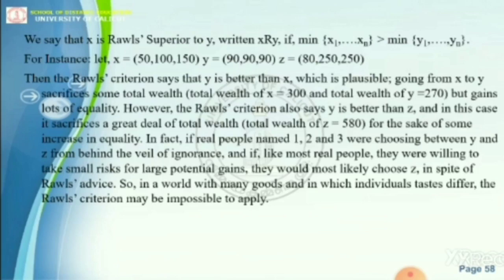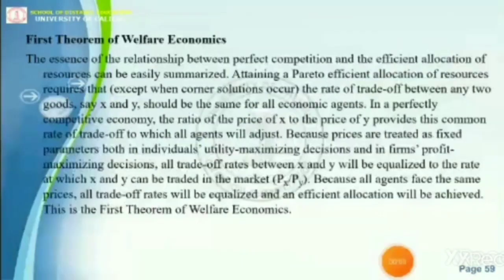In fact, if real people named 1, 2 and 3 were choosing between y and z from behind the veil of ignorance, and if like most real people they were willing to take small risk for large potential gains, they would most likely choose z in spite of Rawls' advice. So in a world with many goods and in which individuals' tastes differ, the Rawls criterion may be impossible to apply.